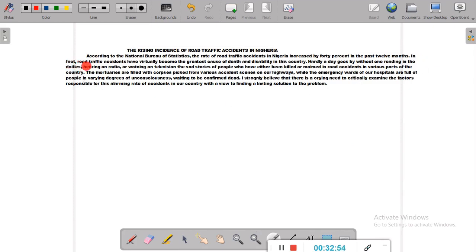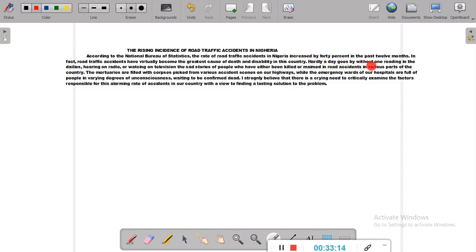In fact, road traffic accidents have virtually become the greatest cause of death and disability in this country. You see, we are painting more picture of how serious the problem is. Then we continue.